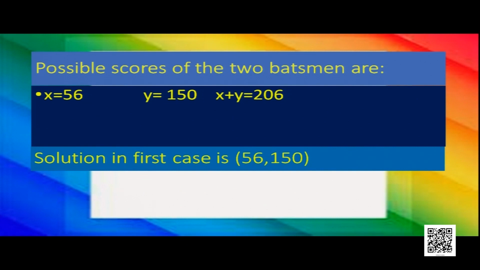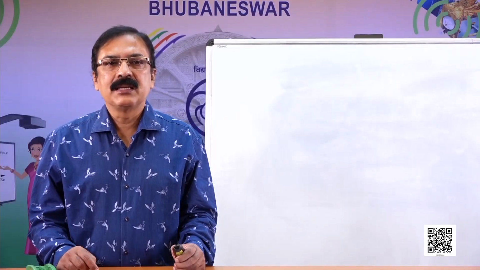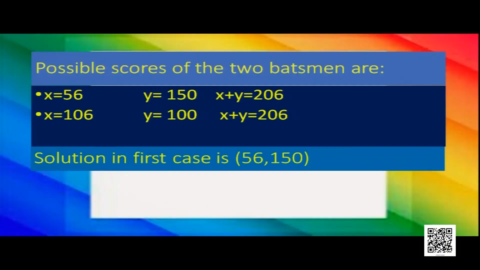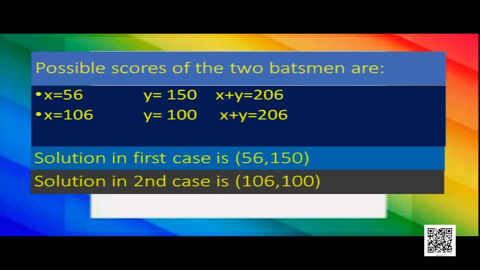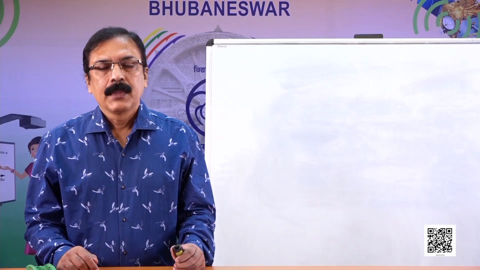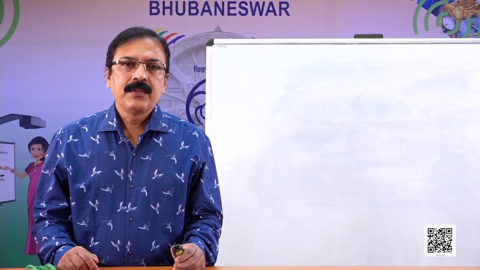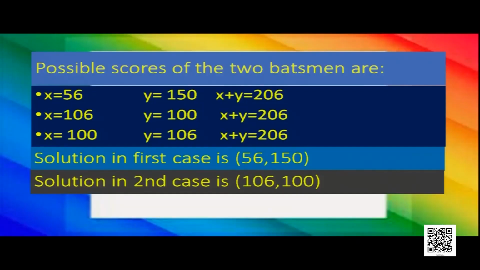Can we take any other value of x and y? Let's see. If we take the value of x as 106, then what will we add to 106 to give 206? That is 100. So, the solution can be (106, 100). That means the value of x is 106 and the value of y is 100. Now, if the value of x is 100, then definitely the value of y will be 106, so that the sum is 206.